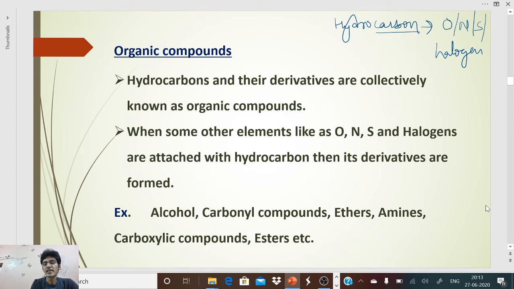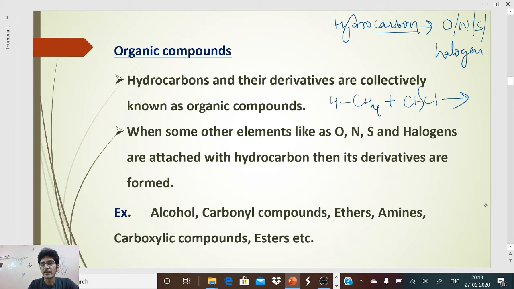Okay, for example, this is CH4. If CH4 is reacted with Cl2, what will happen? The Cl-Cl bond will be broken. After that, the C-H bond will be broken.